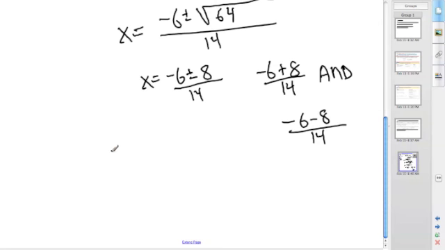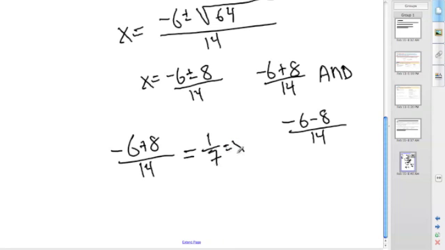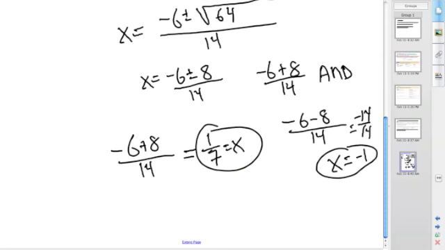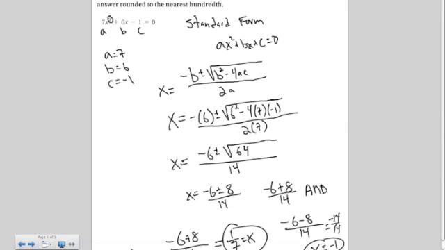So when you evaluate -6 plus 8 all over 14, it equals 2 over 14, which is 1/7 equals x, and -6 minus 8 is -14, so it's -14 over 14, which is -1. So those are your two solutions using quadratic formula. Those are the exact answers.